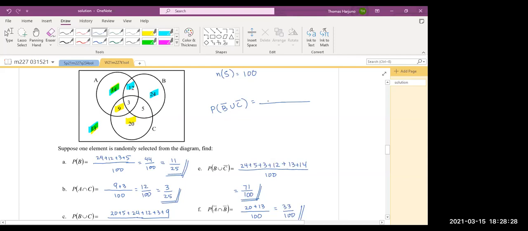Outside of B, that's 20 plus 13 plus 9 plus 14. That's outside of B. And then outside of C, what's not counted yet are 12 and 24, over 100. Is it right?